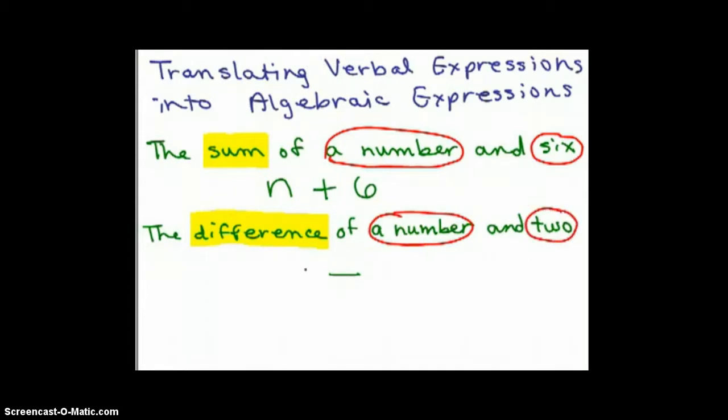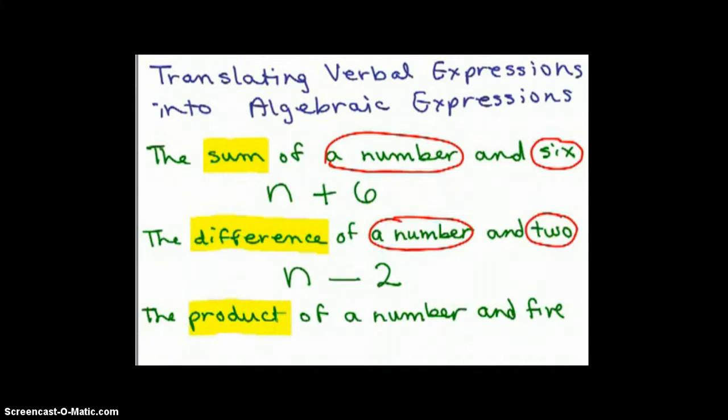So whatever comes first, you'll put before the minus sign, and what comes after the word and is what you would subtract. That's how you would differentiate what goes first and what comes second. So again, let's just use n again to represent the number. It has to be a variable, and 2. So n minus 2 is how we would write it.